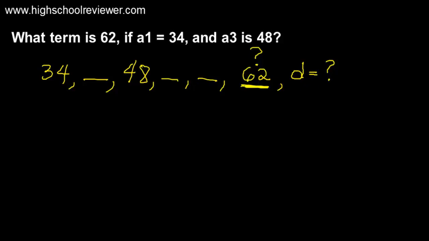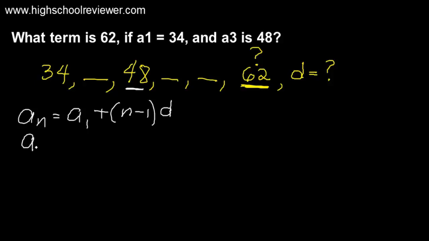To find d, we are going to use the formula for the nth term: a sub n equals a sub 1 plus n minus 1 multiplied by d. So a sub 3 equals the value of a sub 1, that is positive 34, plus n minus 1, where n is 3, multiplied by d.